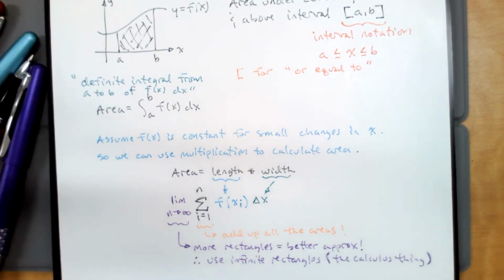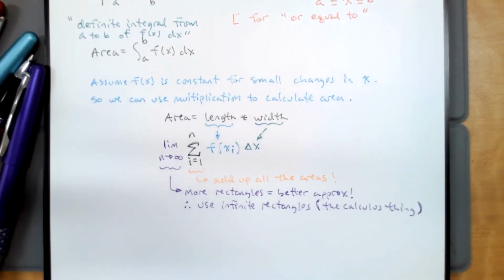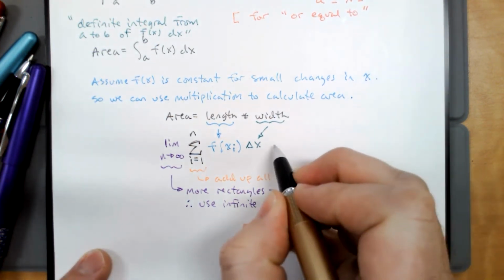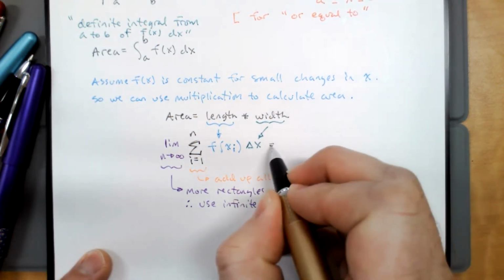That's the calculus thing. This is a very important thing to notice, not just for the process, but for what we actually accomplish here. When we write this Riemann sum, this is where we get to have this crossover to the definite integral.